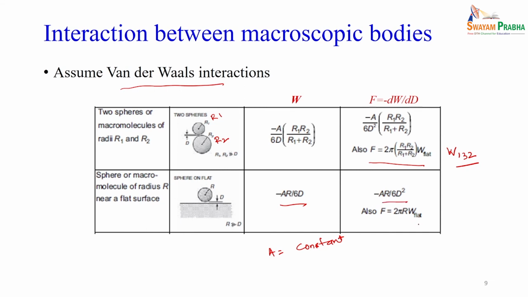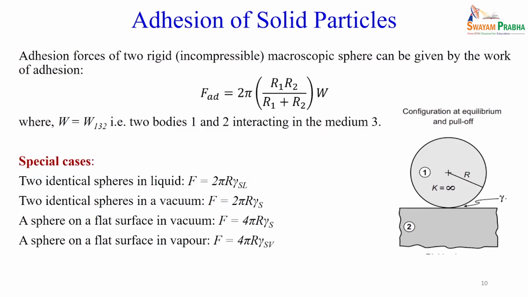Force can also be calculated if the work of adhesion is known, so 2 pi r into W, where W is the work of adhesion.